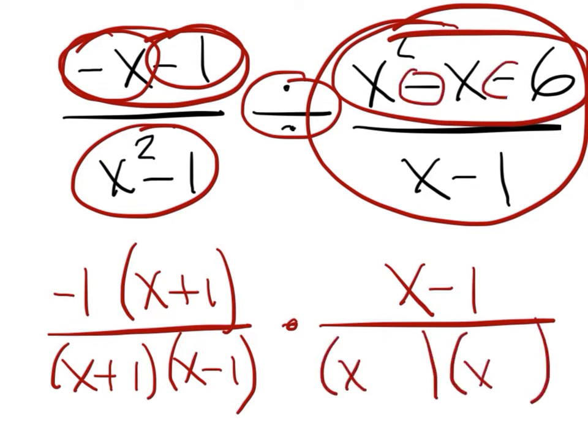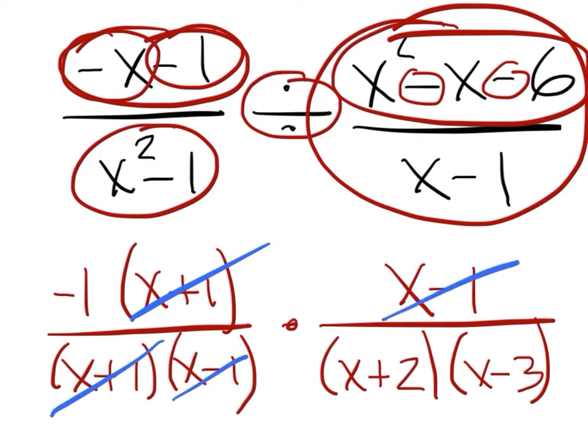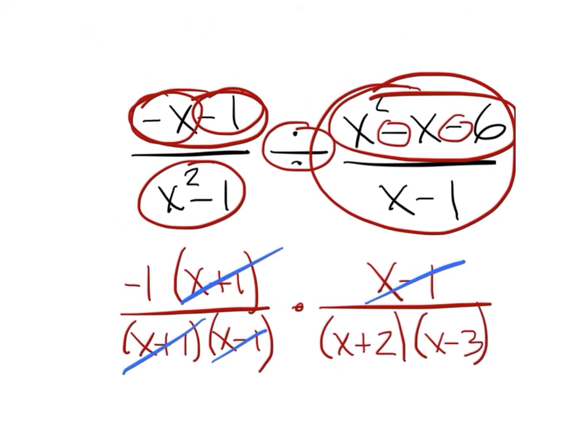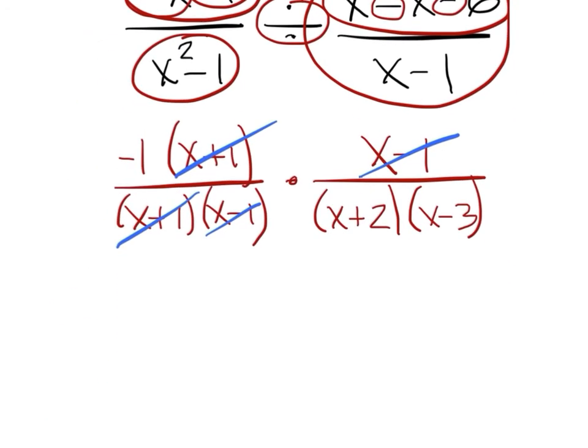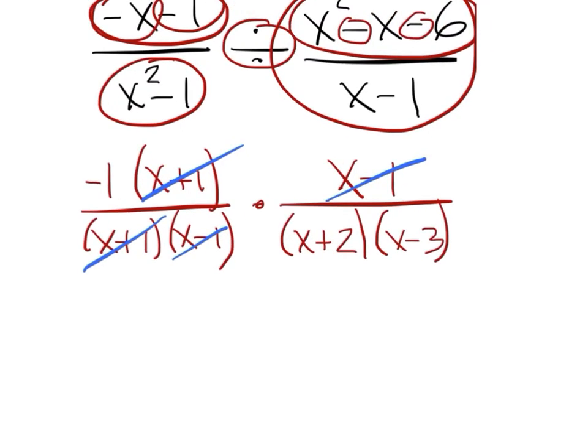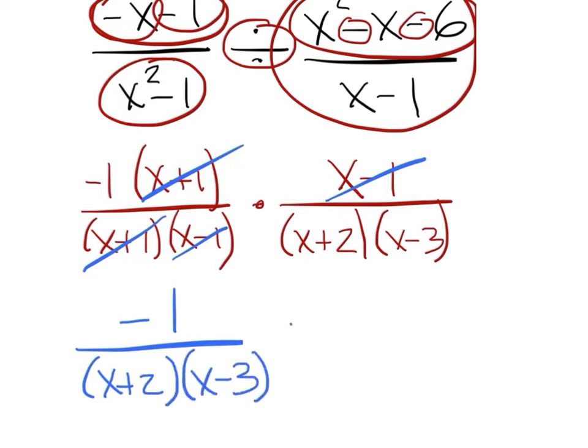You have minus minus, so it's going to be plus minus. And you need to add to get a negative 1, so it's going to be 2 minus 3. So you can knock out this and this, this and this. So you're left with a negative 1 over x plus 2, x minus 3.